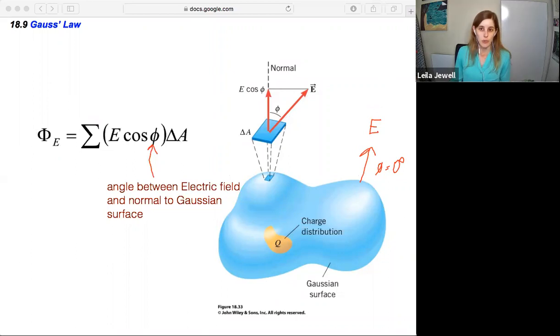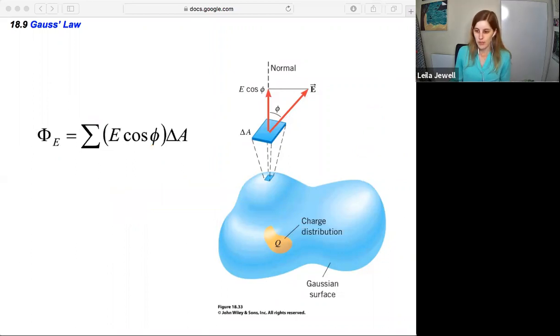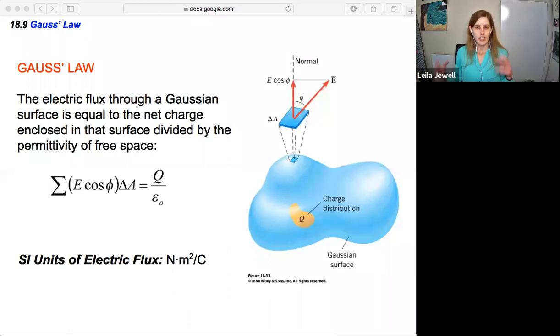All right, so we're going to put this more detailed version back into that Gauss's law that we derived for the point charge. Keeping this in mind, we can find a formal definition of Gauss's law: the electric flux through any Gaussian surface is equal to the net charge enclosed in that surface divided by the permittivity of free space, epsilon naught. On the left here, we have our electric flux, which we could write again as phi sub E. I like to think of it as a little TIE fighter, if you're a Star Wars fan.